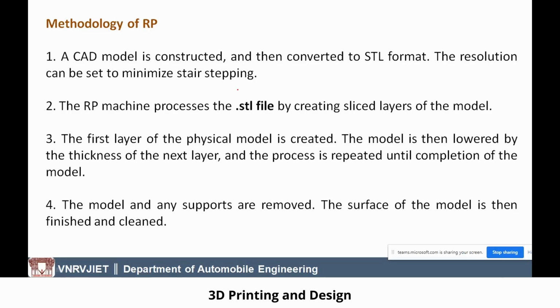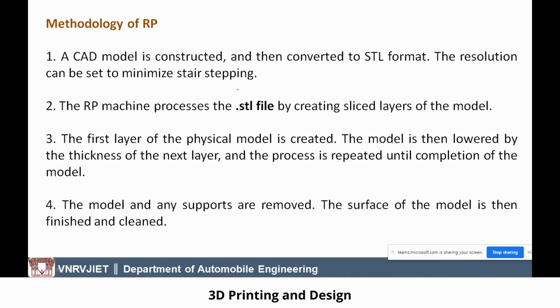Then that model, mostly every software will have its own format of saving, like AutoCAD .dwg, or Creo .prt. Those files you cannot directly transfer into 3D printing machines. We need to convert them into an .stl file.